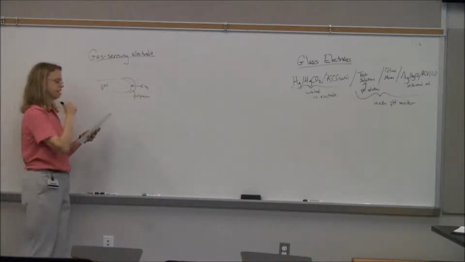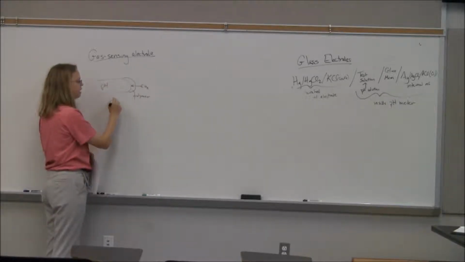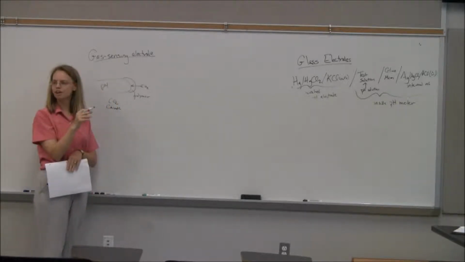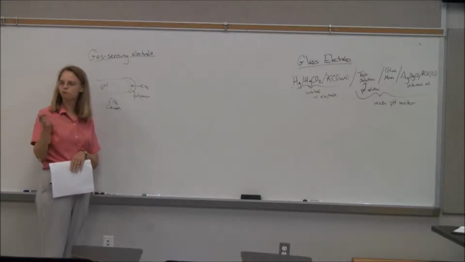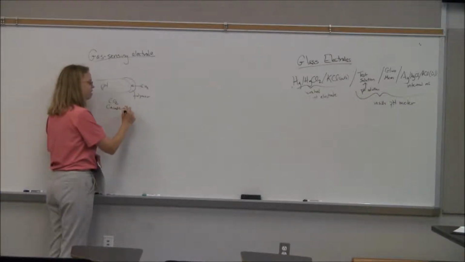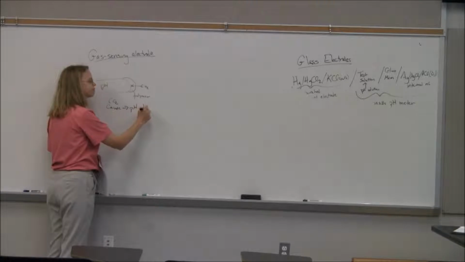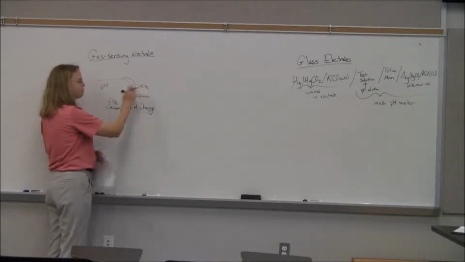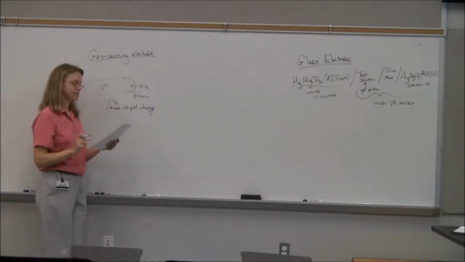And when it got in there, you would have something to react with to cause a pH change. CO2 is really easy to think of, bicarbonate, that whole sort of thing. And so you could cause a pH change and then relate that back to the amount of gas.